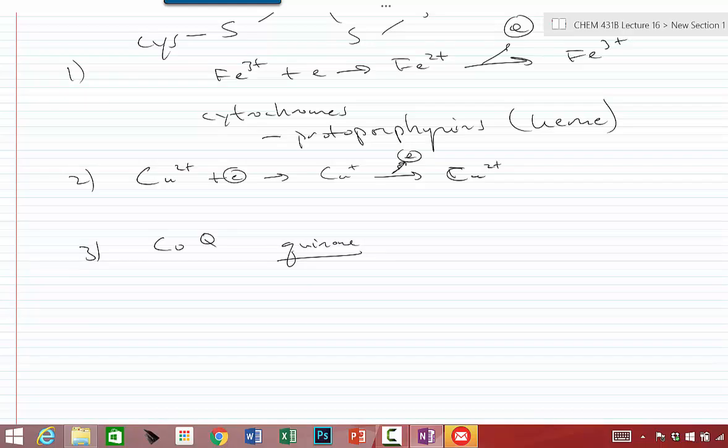But I want to show you about the mechanism. And the mechanism here is basically one electron movement. So similar to what I showed you with FAD, you have to look at arrows with only half of a head on them. These are one electron movements. And so here we have a proton plus an electron. Actually, I'm going to just combine those to make a hydrogen atom.